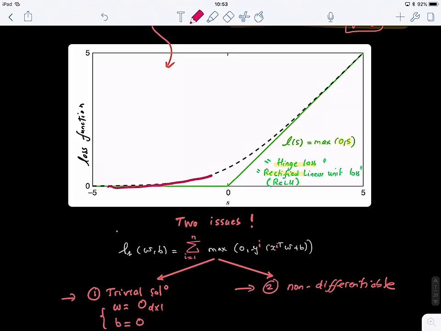So here it became smooth around 0, so we can compute the gradient, right? Good. So that's one possibility. So we need to think of a new loss function that approximates the max loss, the green curve. It looks very similar to it, but it is smooth at this point.